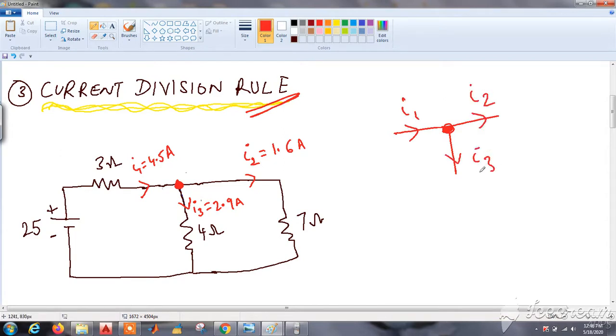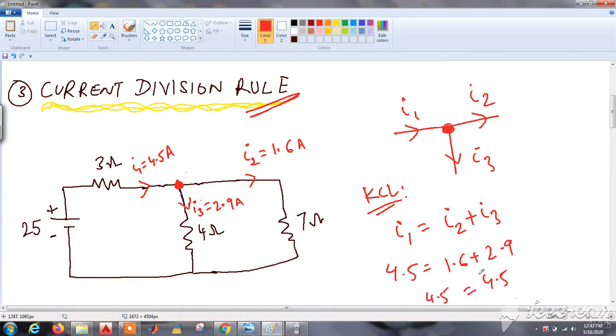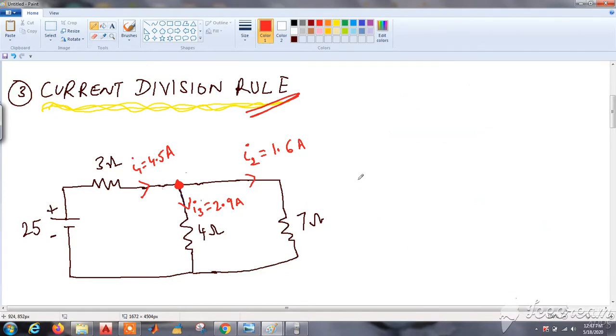We know from KCL that currents flowing into the node are equal to currents flowing out of the node. Now just substitute your values: 4.5 is equal to 1.6 plus 2.9, so 4.5 is equal to 4.5, and we are satisfying the KCL equation. That is, we have satisfied Kirchhoff's current law, so our answer is 100% correct. Whichever method you use to solve it, you can verify it like this.